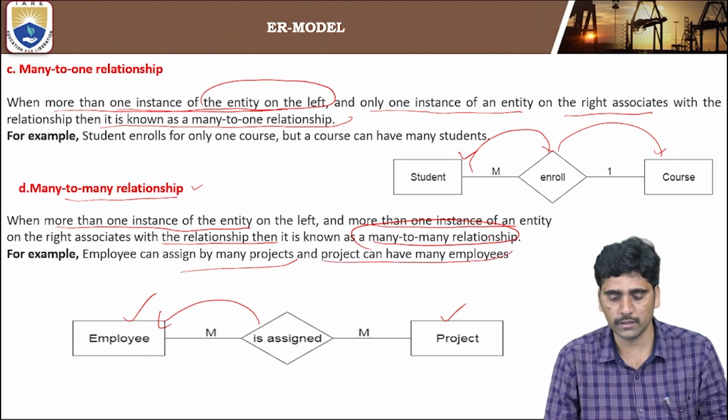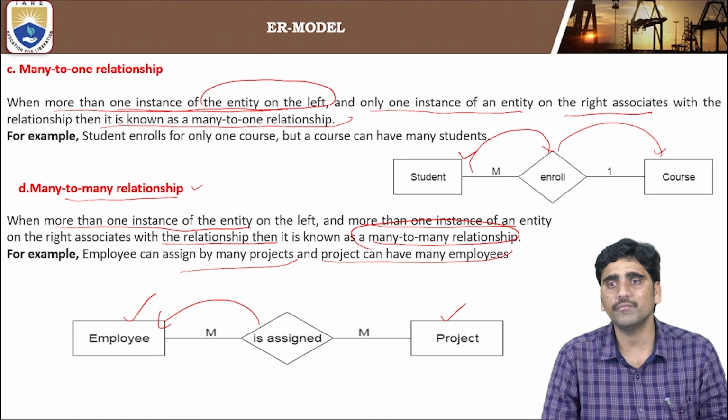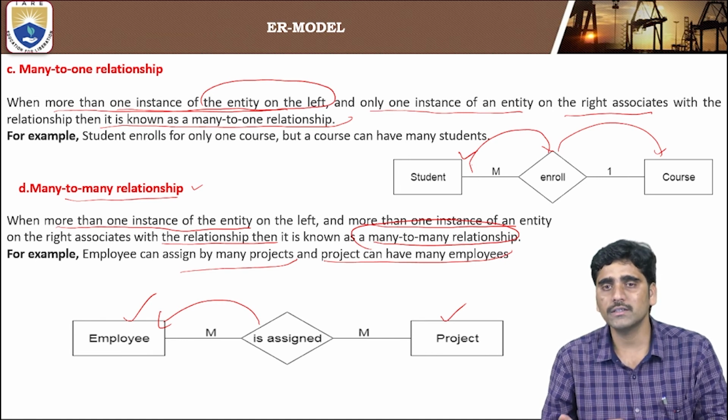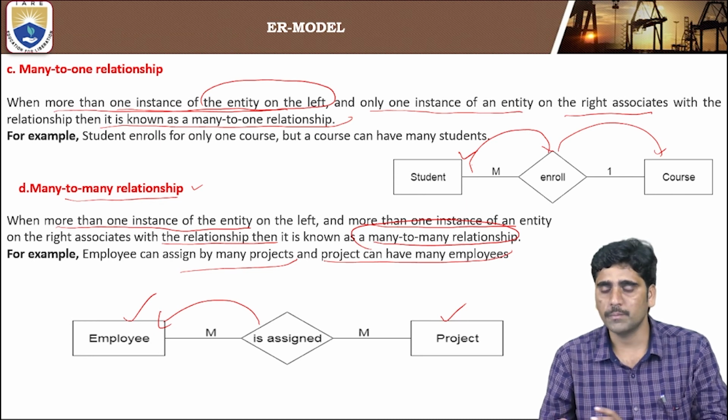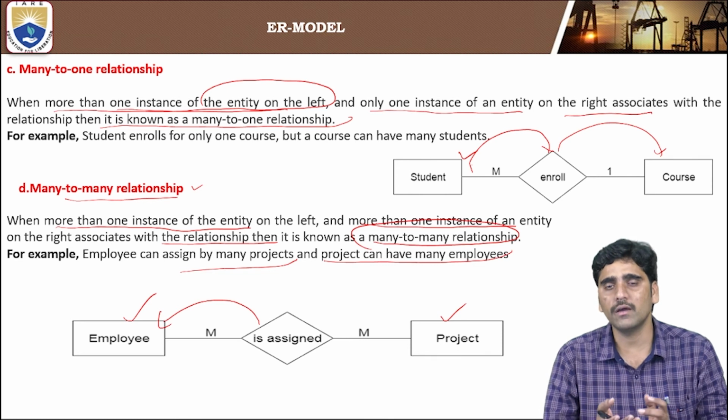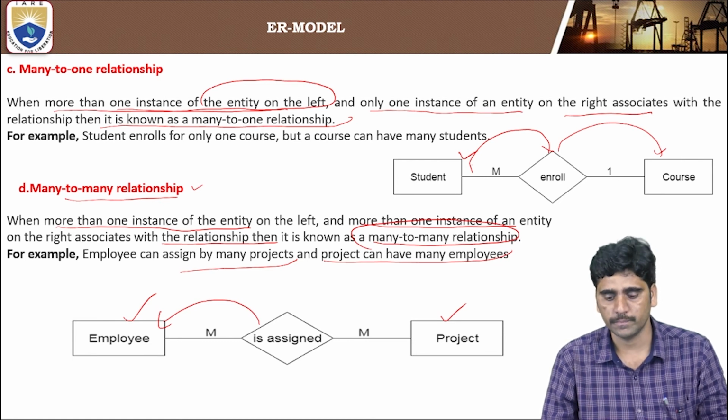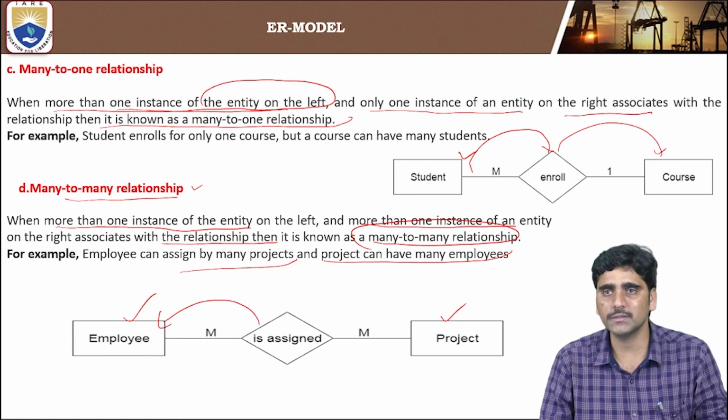That means indirectly employees are working for many projects as well as a project is assigned to many employees. This is how we can understand the many to many relationship. So overall, these are all the relationship types.